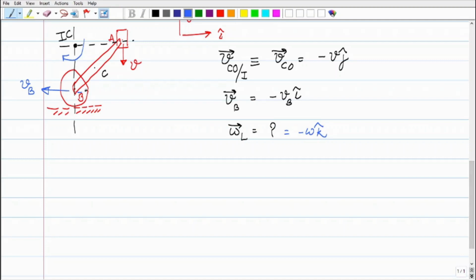Now this angle, this is theta. So what can we say about this length? The length of the link is L, that is given. Now if this is theta, then that's also theta. So this is nothing but L cos theta.